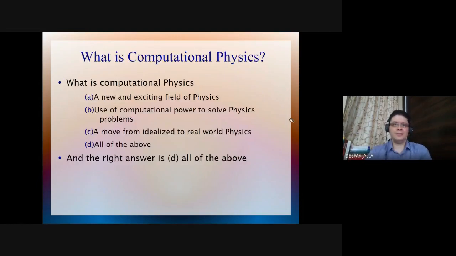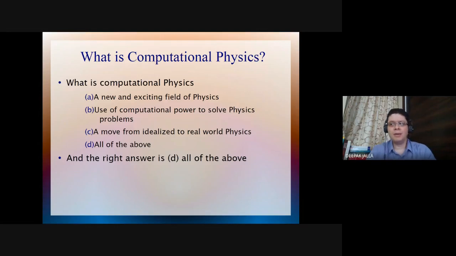So, what is computational physics? This is a question that should come to those who are uninitiated. Common sense tells us computational physics is using a computer to solve physics problems. And you're right, but that is not the more complete definition of computational physics.